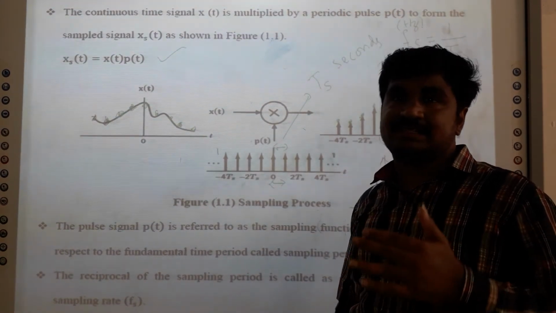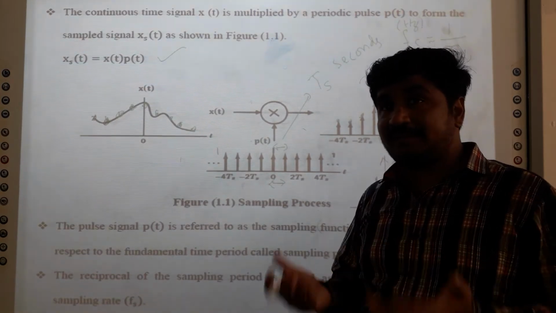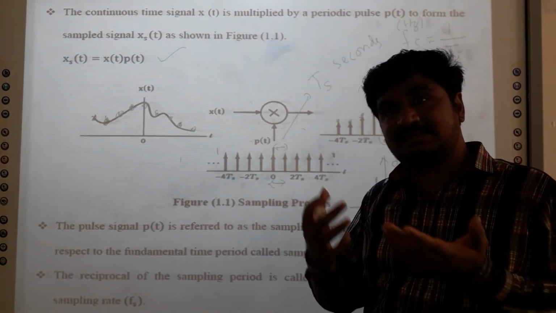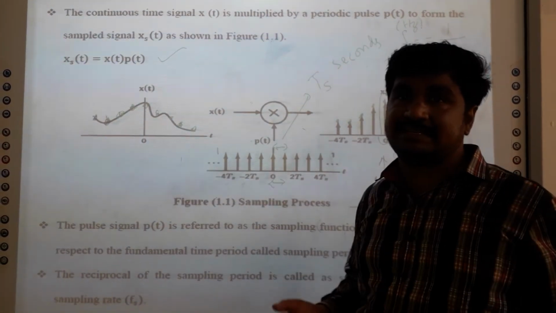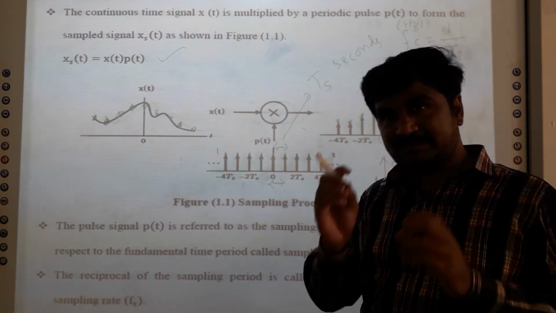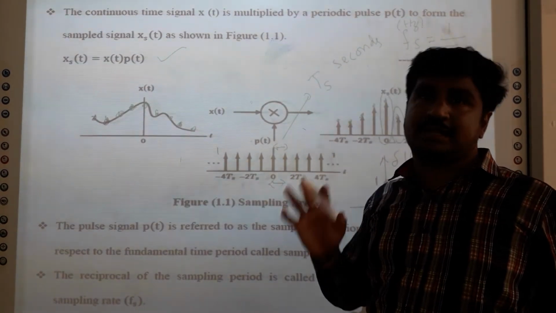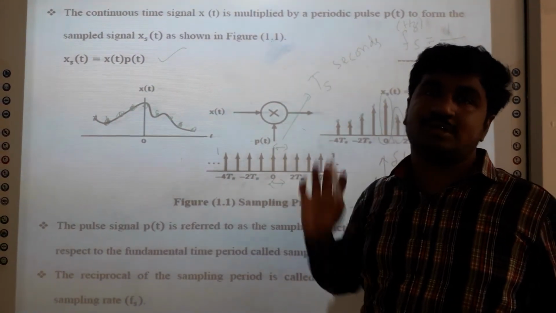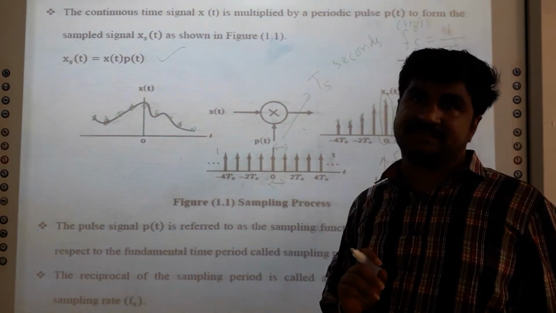We cannot recover the original signal at the other end, that is, at the receiver end, entirely without loss. There may be some loss, but it can be tolerated. In such a way, we have to choose the values Ts and Fs.